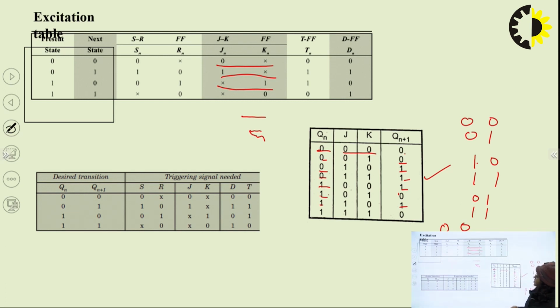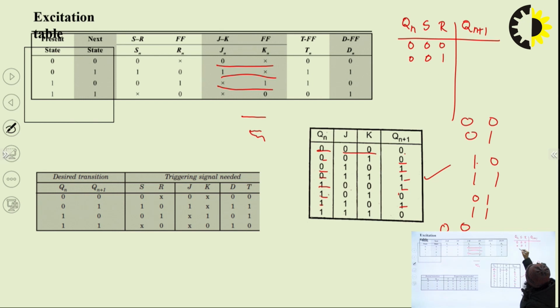So if we write the same for SR flip-flop using its characteristic table, we write all the input combinations, and for this we write the output.